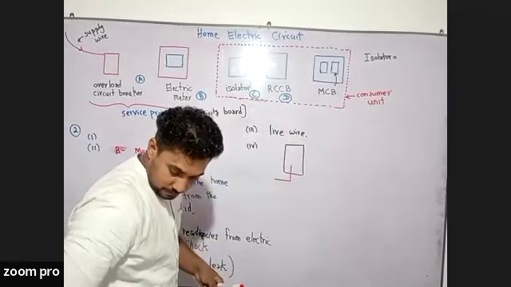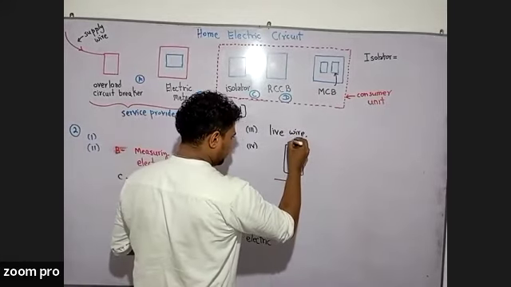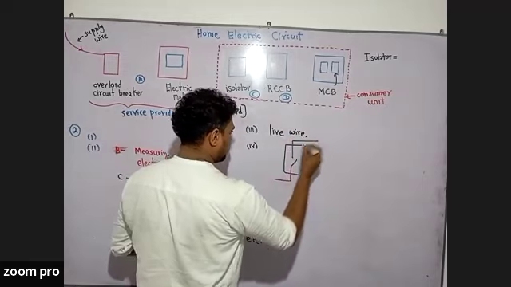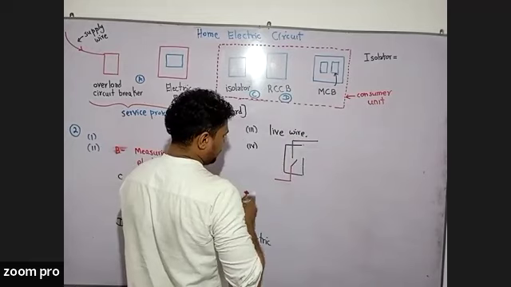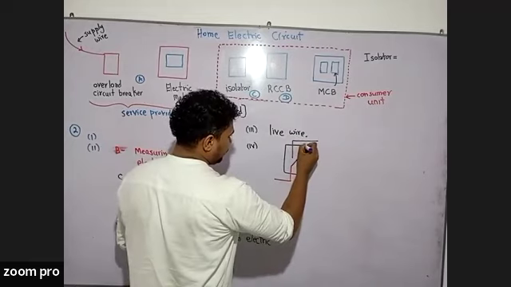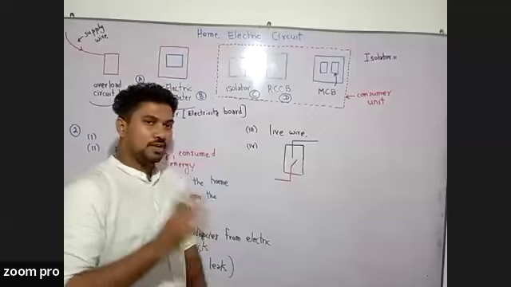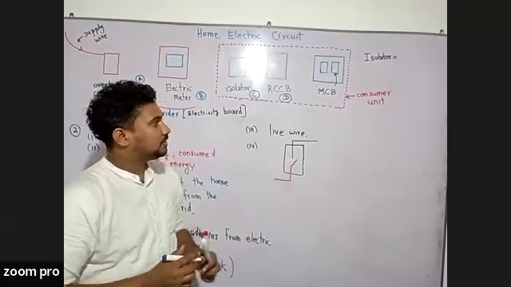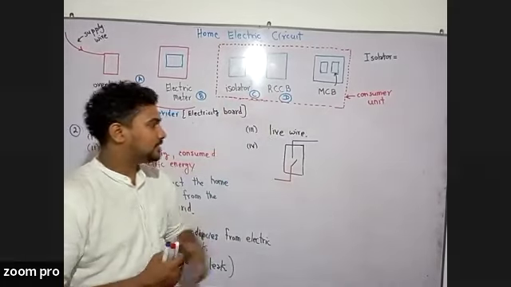Mainly a fuse is used to disconnect the circuit when there's a huge load of current flowing towards the house or towards this device.